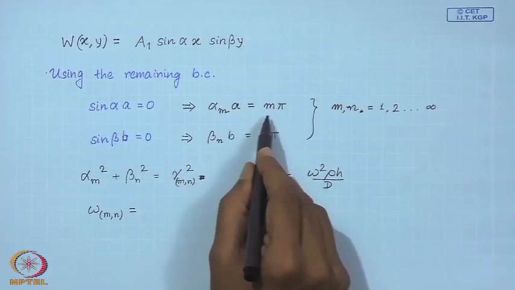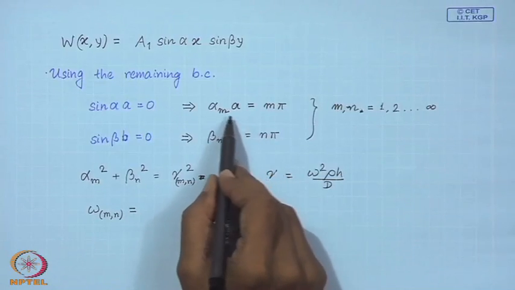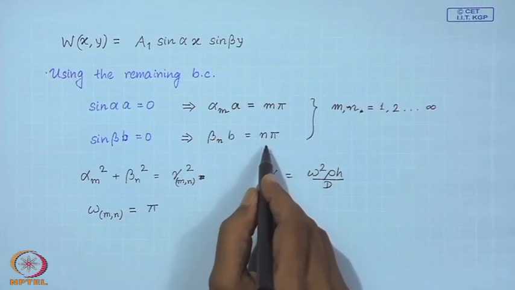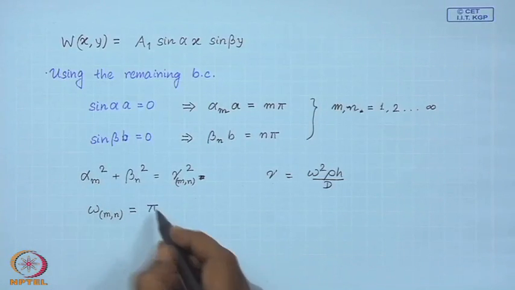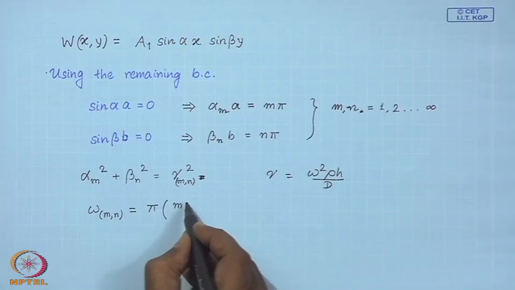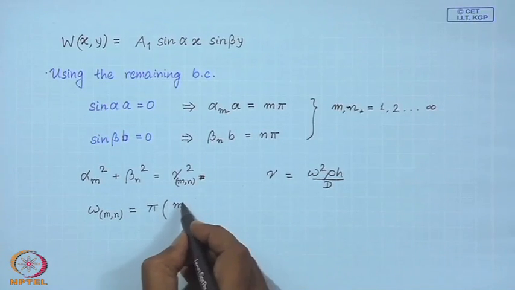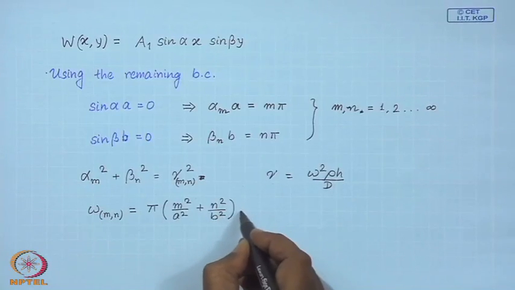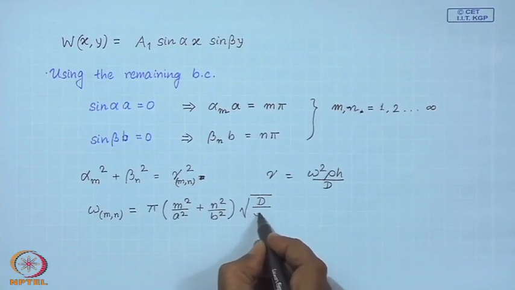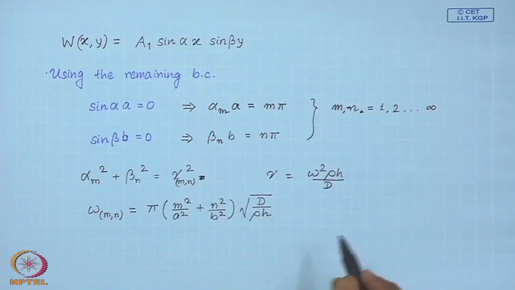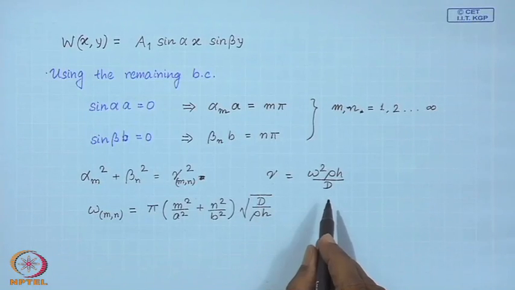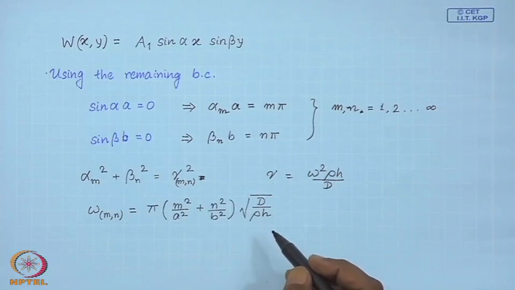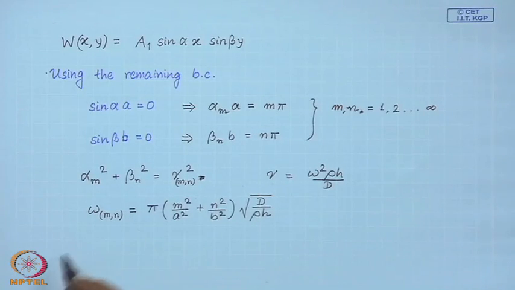If I now use these expressions of alpha m and beta n, so this is m pi over a and, so that is what we are going to obtain.